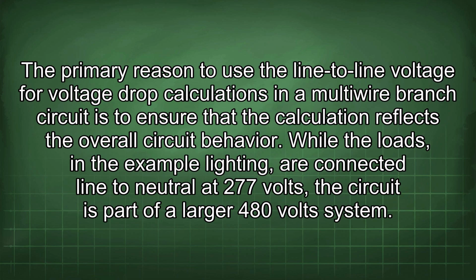The primary reason to use the line-to-line voltage for voltage drop calculations in a multiwire branch circuit is to ensure that the calculation reflects the overall circuit behavior. While the loads, in the example lighting, are connected line to neutral at 277 volts, the circuit is part of a larger 480 volts system.